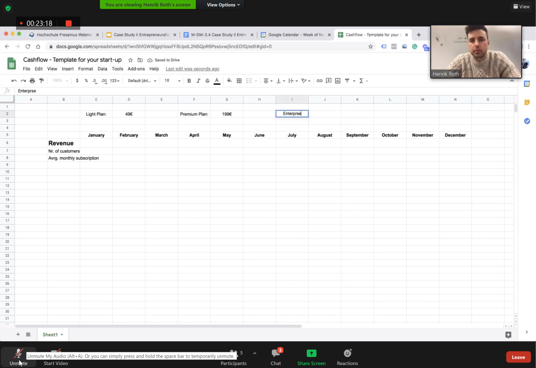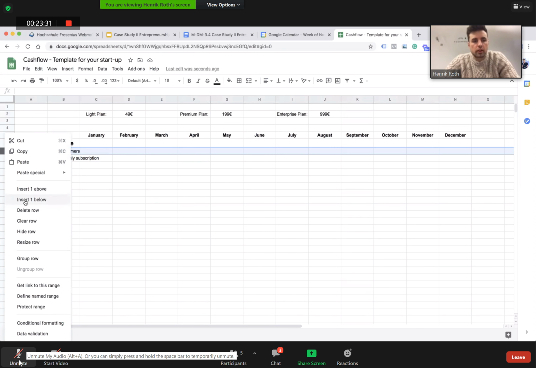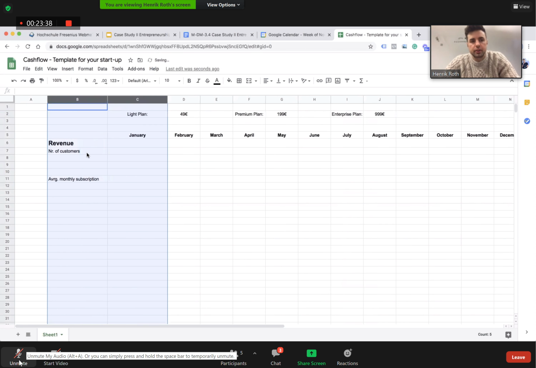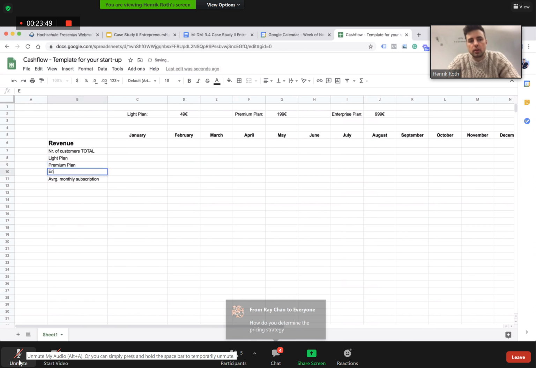And then the enterprise plan costs 999 euros per month. Let's keep it like that. Then we have to, of course, say here number of customers. I say here total, and then we have to say how many customers we have from the light plan, the premium plan, and the enterprise plan.